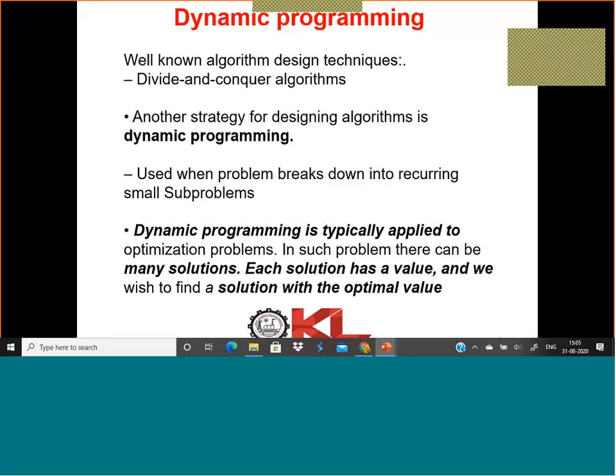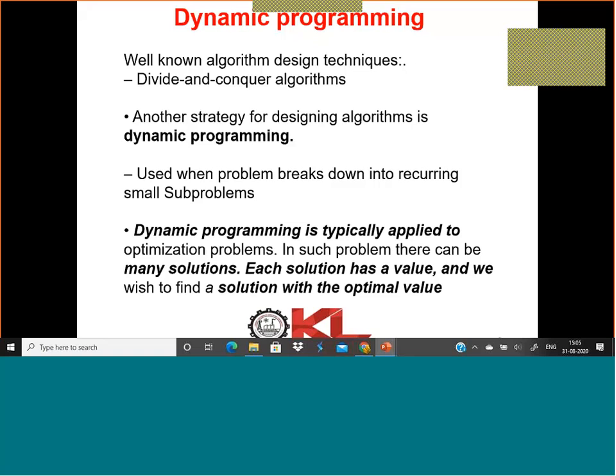In similar guidelines, there is another strategy we call dynamic programming, used when problems break down into recurring small subproblems. Similar to divide and conquer, in the dynamic model also the problem is divided into subproblems.